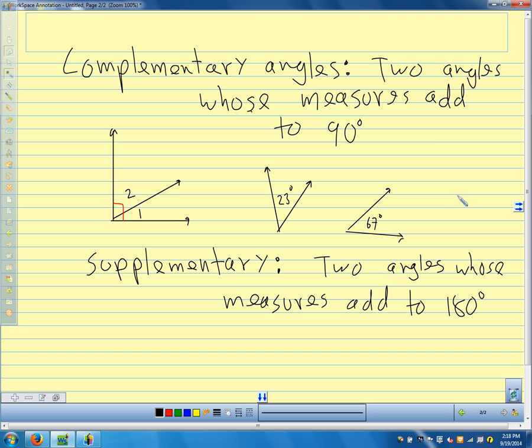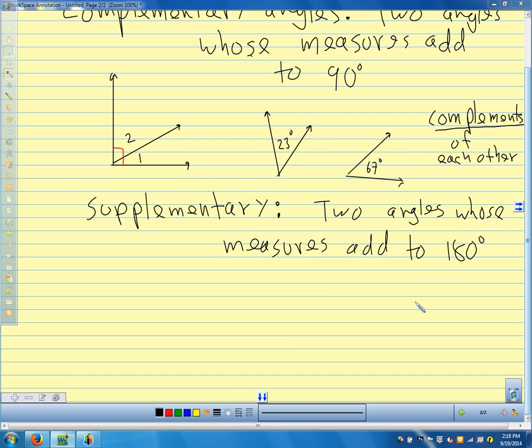We call these angles complements of each other. So 23 degrees is the complement of 67 degrees. Angle 2 is the complement of angle 1, is how we say that.